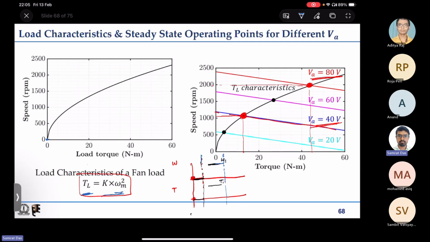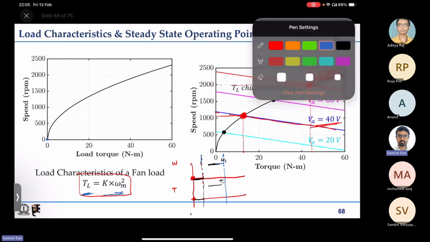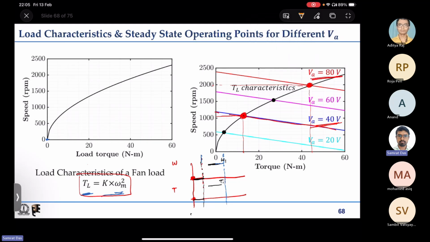Now at this instant, if we again wait for some time, we will see that the speed has increased or decreased, and the torque has also changed. The steady state we know it will reach, but how does it get from the initial point to the final point? That cannot be predicted by the steady state equivalent circuit model. Is it very clear? I think it is clear.